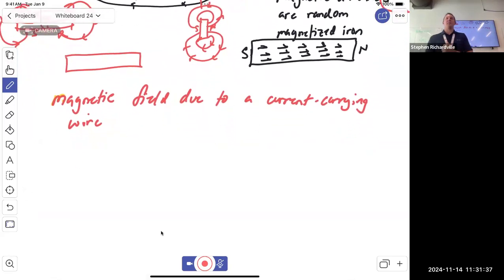Magnetic field due to a current carrying wire. This is where we're starting to get into the stuff.